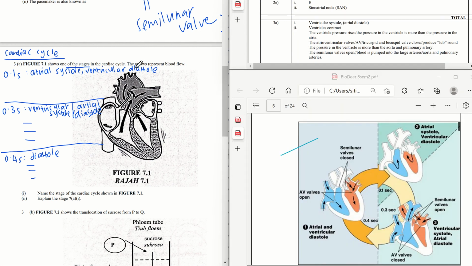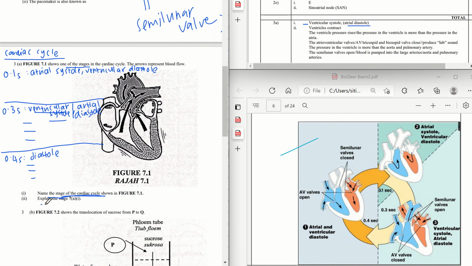And then ada tunjuk juga arrow. So dalam cardiac cycle you akan nampak lah arrow-arrow ni semua. So you kena tahu which stage yang gambar ini tengah tunjuk. So sebenarnya you boleh nampak ni dekat sini berlaku contraction dekat ventricle. So bila berlaku contraction dekat ventricle, nama stage of cardiac cycle ini adalah ventricular systole. Okay, so jawapan dia ventricular systole, atrial diastole.